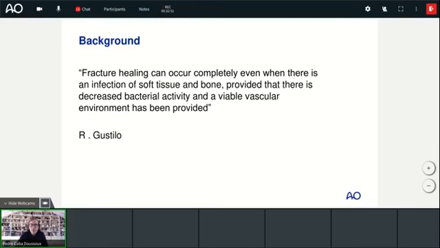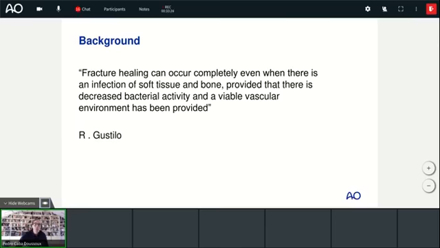But we need a decreased bacterial activity and a viable vascular environment. So how can we provide this in an infection after fracture fixation? Well, good debridement. We eliminate all dead tissue, and we only leave, if we want to maintain the fixation, the one source of infection, which is the biofilm in the plate or in the nail.